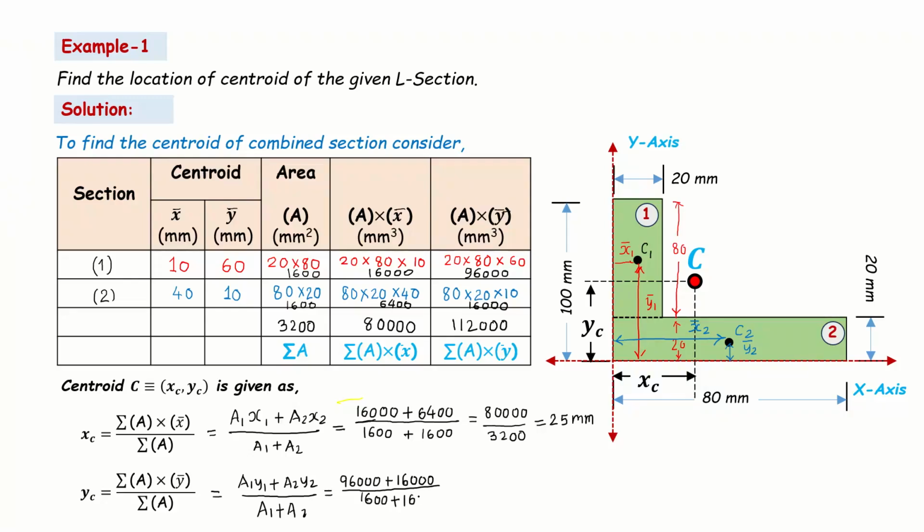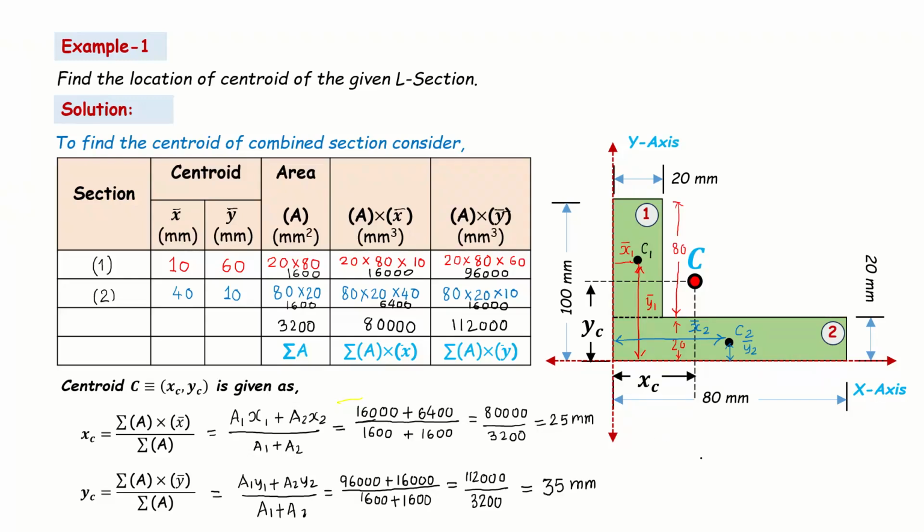Working it out, the summation of A into y we have already got as 112,000, divided by the summation of area, 3,200. If you solve this, friends, the value of yc, the y coordinate of the centroid, will come as 35 mm.